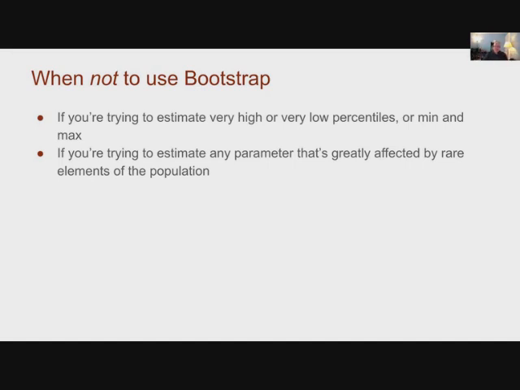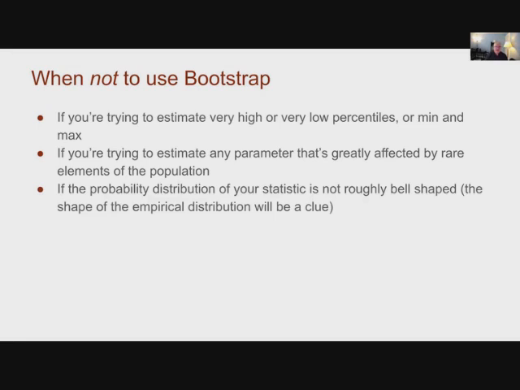Even if you caught it in your sample, because you're sampling with replacement, there's no guarantee that a single event or single data point that greatly influences the result is going to be captured.